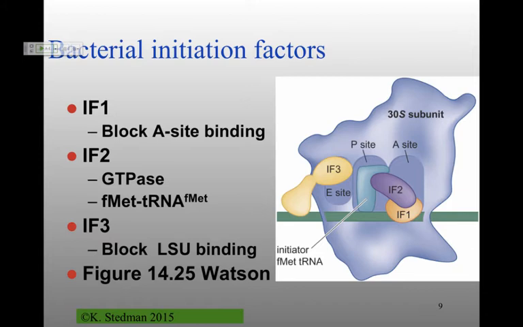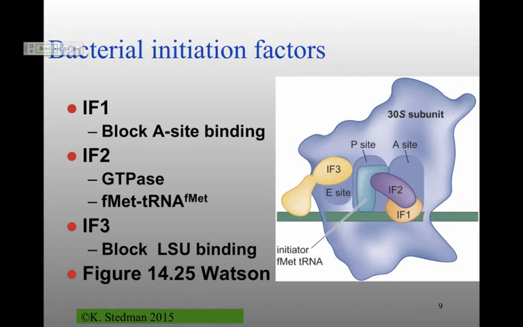So again, the molecular biologists have no imagination whatsoever. They just come up with these names, IFs. If you don't have a letter in front of the IF, that's bacterial. You have an E in front of the IF, that's going to be eukaryotic. So we'll see that in just a second.